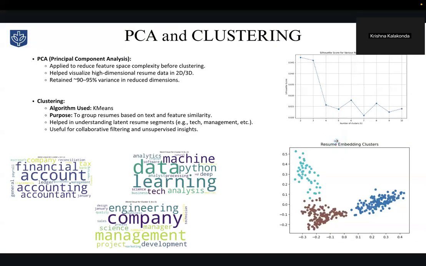Hi. As part of our analysis and modeling methods, we have done PCA to identify the different types of resumes in the data. We had only 344 resumes, but we wanted to know what unique varieties of resumes we have, and we have identified that there are mainly three different categories of jobs these resumes belong to: finance, data science, and software management in the company.